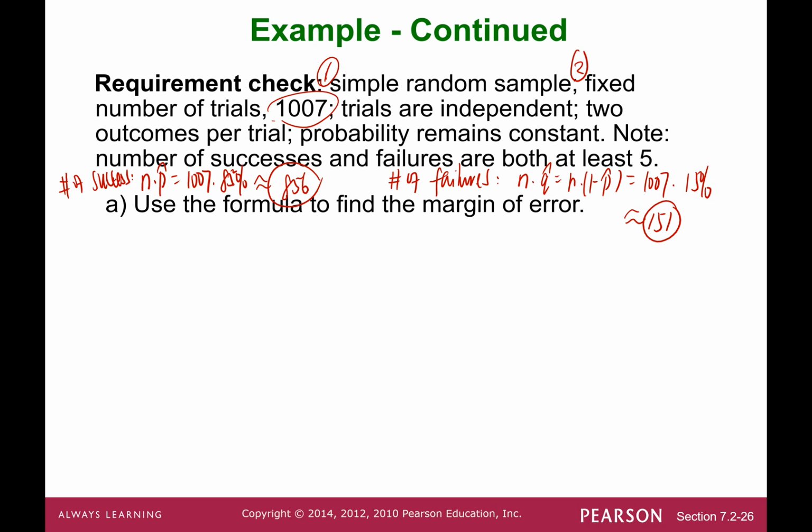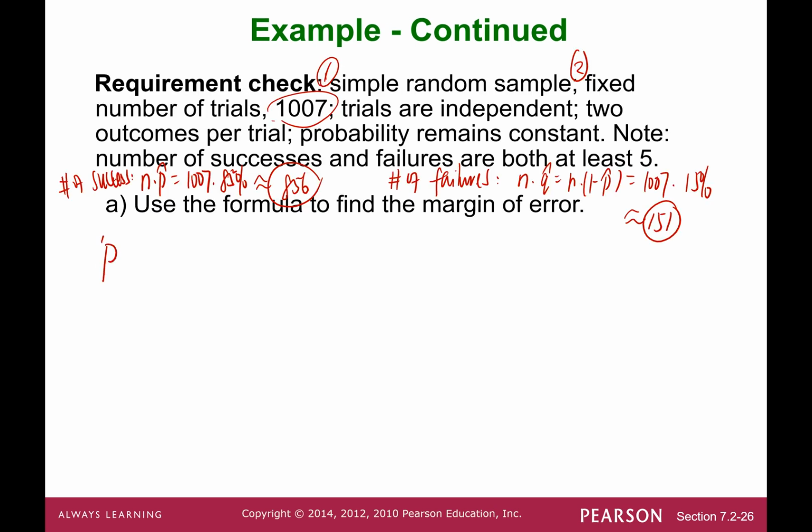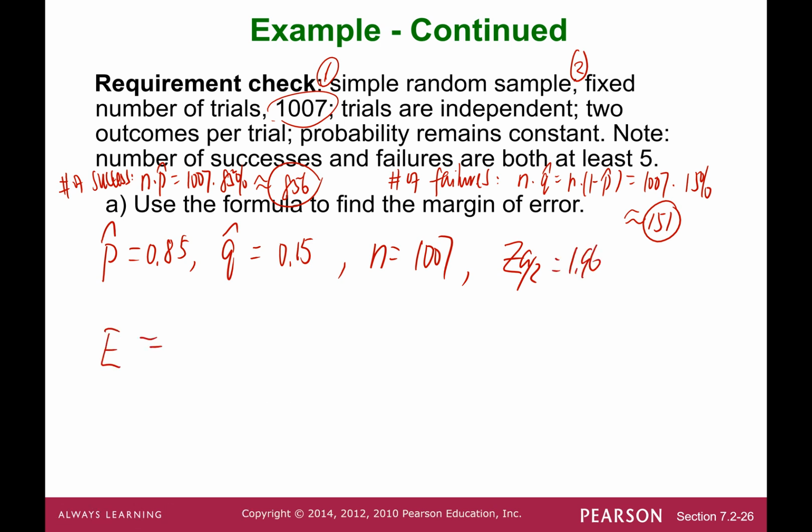So use the formula, find the margin of error first. First of all, we know p hat is 0.85, q hat is 0.15, and the sample size is 1007. What else do we need? The critical z-score equal to 1.96. We can find the margin of error equal to the critical z-score times the square root of p hat times q hat over sample size.